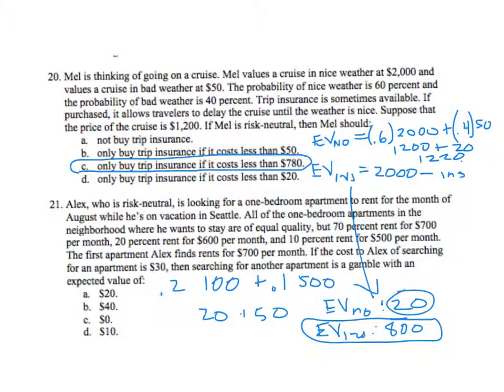Oh, plus, that's my problem. I'm like, wait, no, it's a $200 gain. It's actually per month. So it's 0.2 times 100 is 20, plus 0.1 times 200 is 20, equals 40.